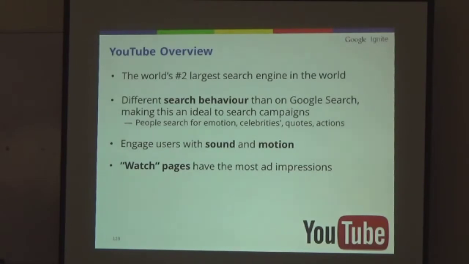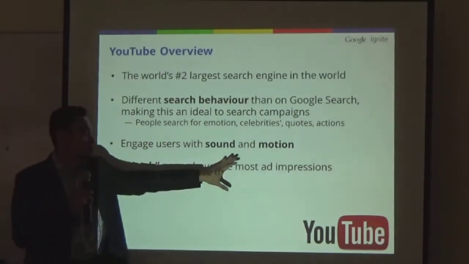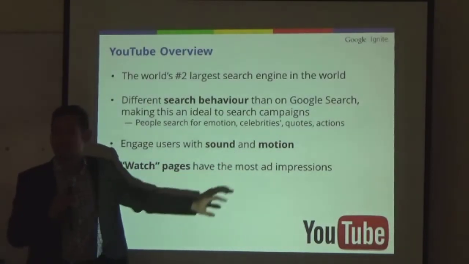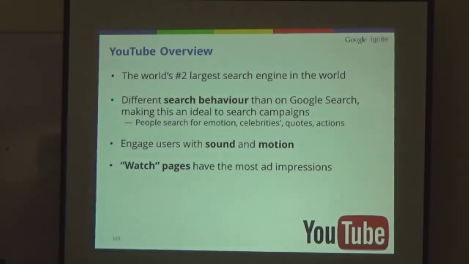Take note, if they ask questions like, where do we target our ads to get the most number of impressions? It is the YouTube watch pages, where you select what you want to watch. It's just by default. Or you even select channels and stuff like that. They have watch pages as well.